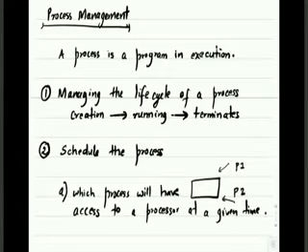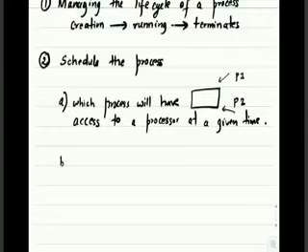The process has to execute in the given time mentioned by the CPU.